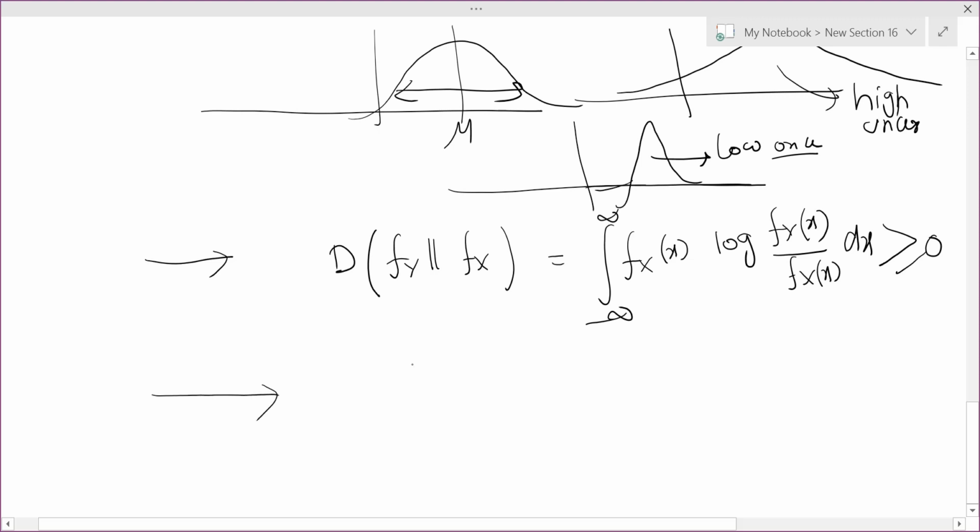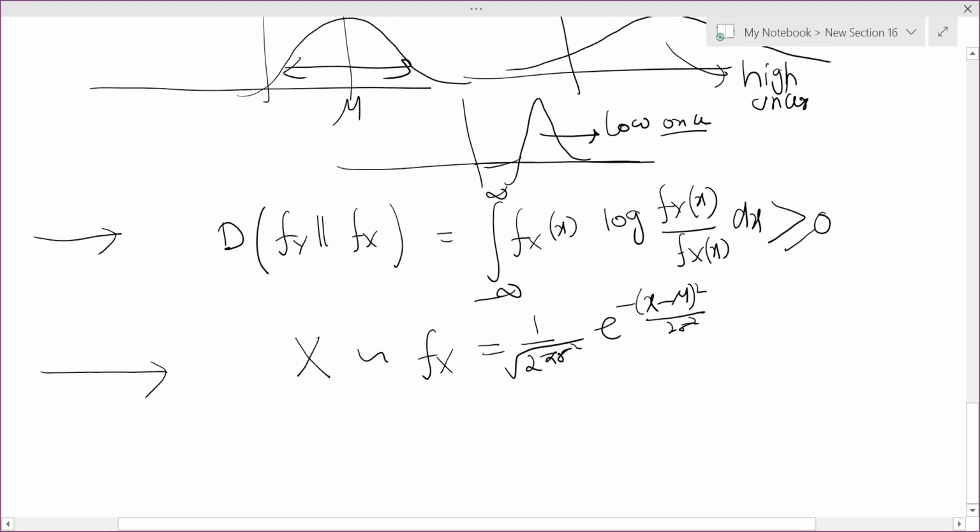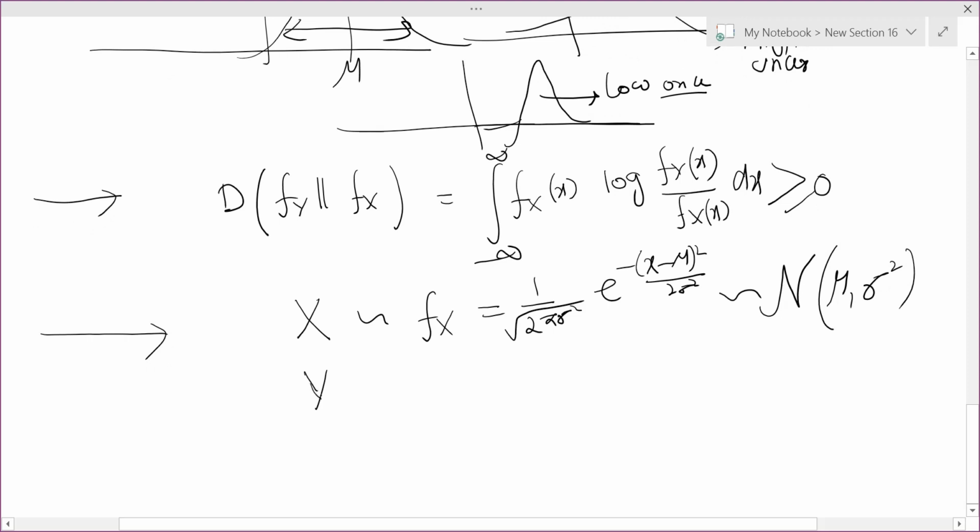We again have, suppose, a random variable x which is distributed according to Gaussian distribution, and by now you must be well aware of the notation also. Gaussian distribution is also denoted as N for normal, with mean mu and variance sigma square. And we have another belief about the distribution, fy. Fy is unknown. That is, any distribution. It can be any PDF.